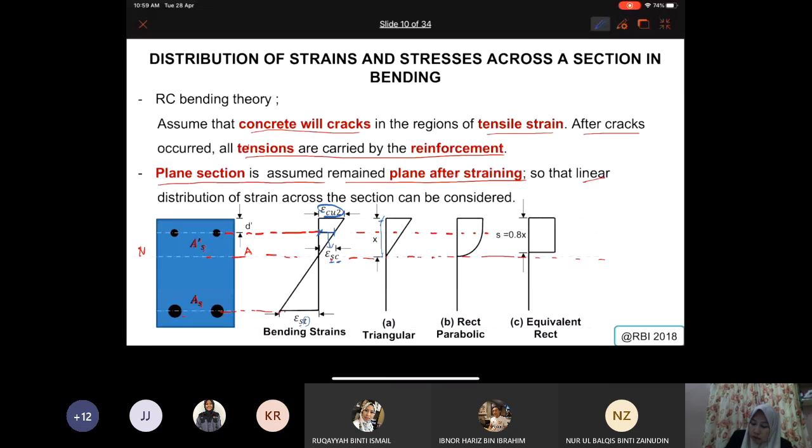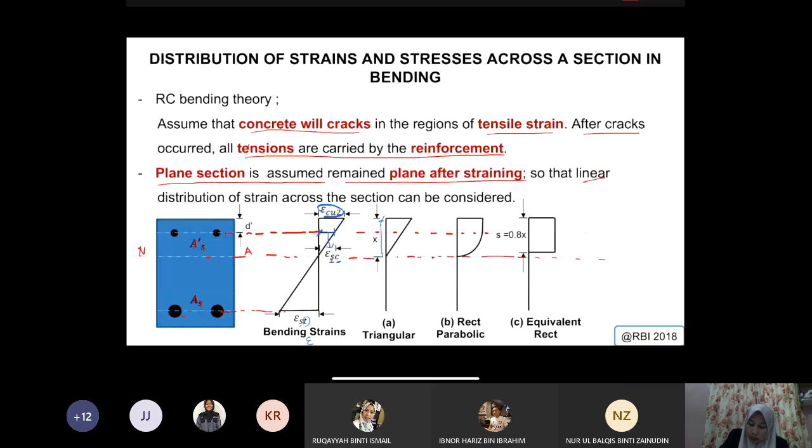In general this is your bending strain, not much issue about strain. The issue is about the stress or force diagram, the stress block. In general we say it is triangular, like this.